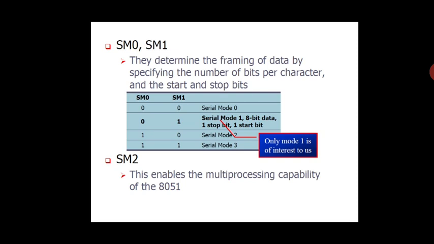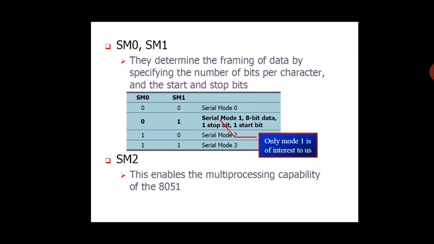As we know, we can use one of the modes through SM0 and SM1. They determine the framing of the data bits for which your character will be given, that is, the start bit and the stop bit. If SM0 and SM1 are 00, it is serial mode 0.